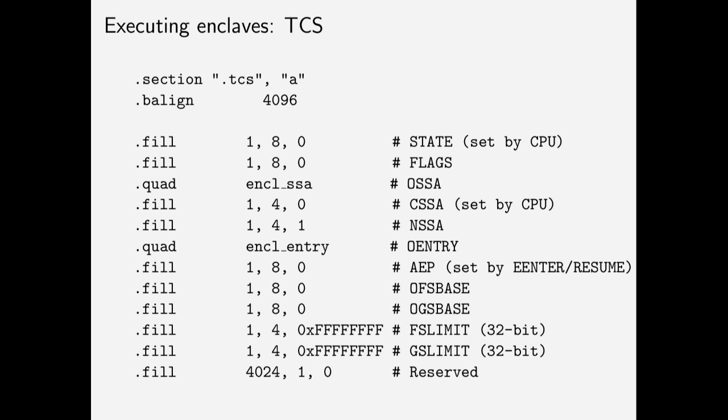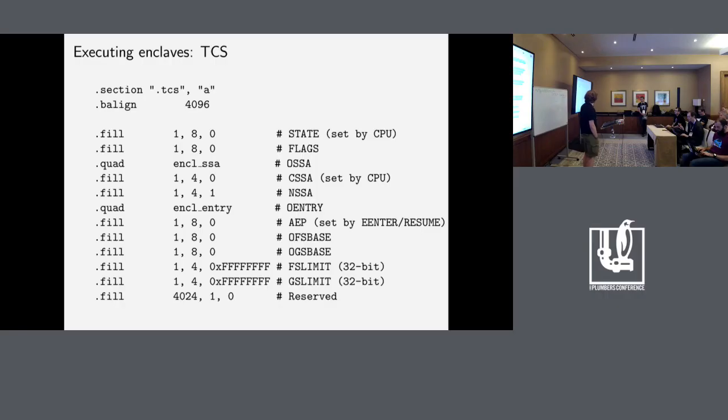There's the field where the asynchronous exit point is stored. There are fields for FS and GS offsets, and then there are also FS and GS limits for 32-bit, configured when running in protected mode and not in long mode.